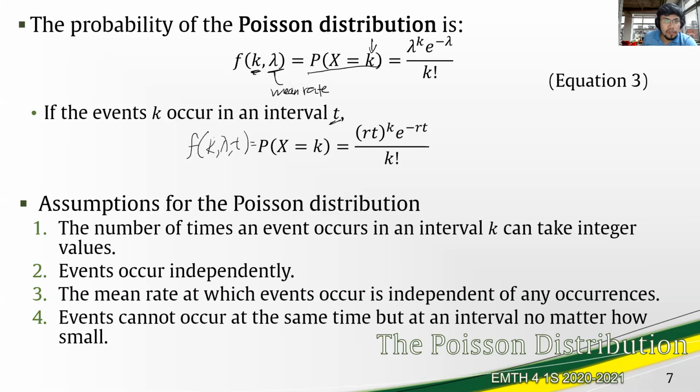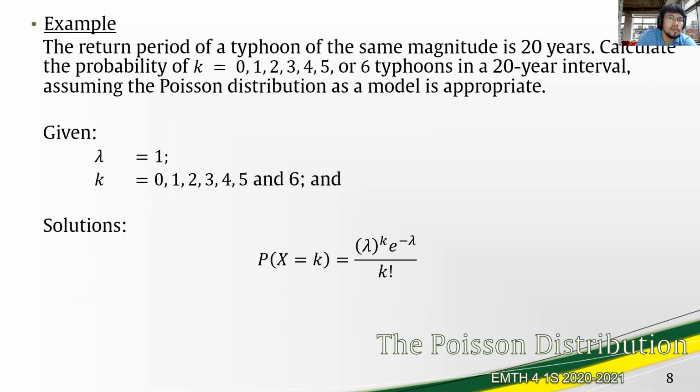Now, we have an example of a problem in hydrology, in hydrometeorology, if you include meteorology in the hydrology field. We're looking into the use of the Poisson distribution as a model, and the problem is that the return period of a typhoon of the same magnitude is 20 years.